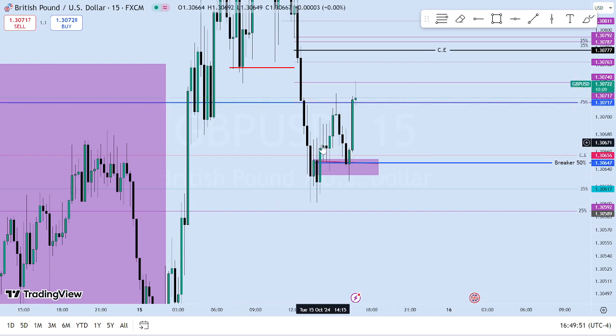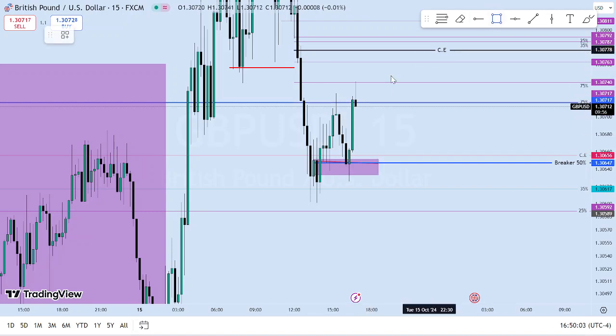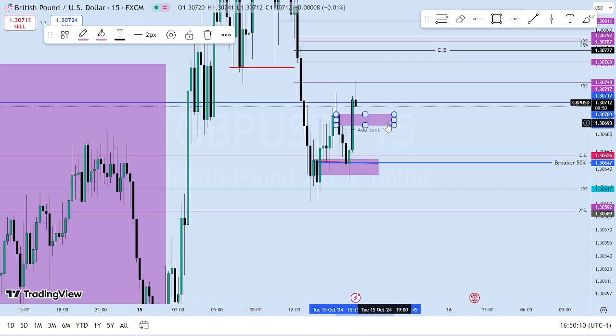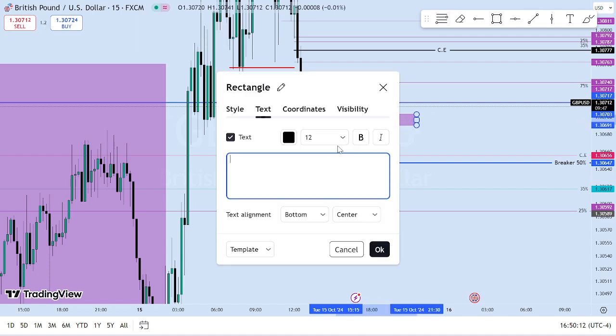Also, we have a high, low, then higher high, lower low. This low is lower than this low. Then we took out, we have violated this inefficiency, BC. We now see it as an inversion fair value gap.